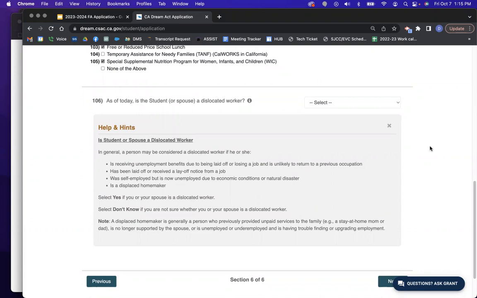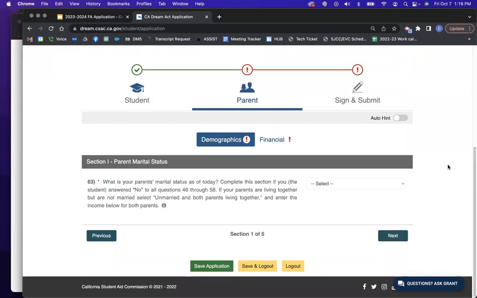So this is very common among folks that got laid off due to COVID. Like the companies either closed off or they are no longer needing a certain type of employees. And you were laid off, then I would say yes. Otherwise, you can click no. You would click next.